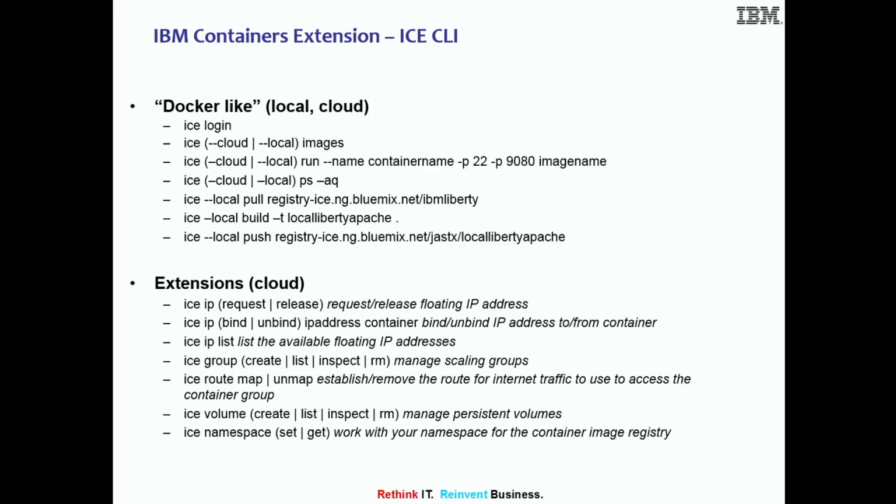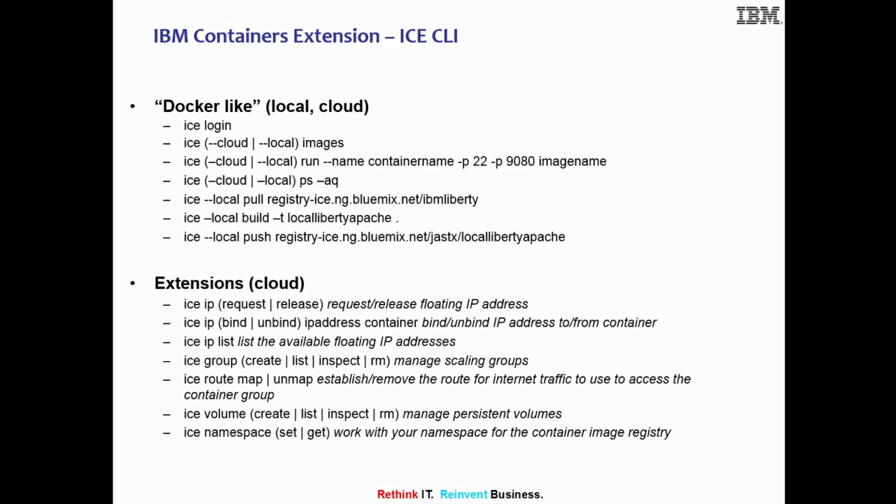The other command is ICE group. With this command you can create, list, and control groups of Docker containers. The next command is route. With this route command you can assign a host name and domain to your Docker container that can be used instead of an IP address.